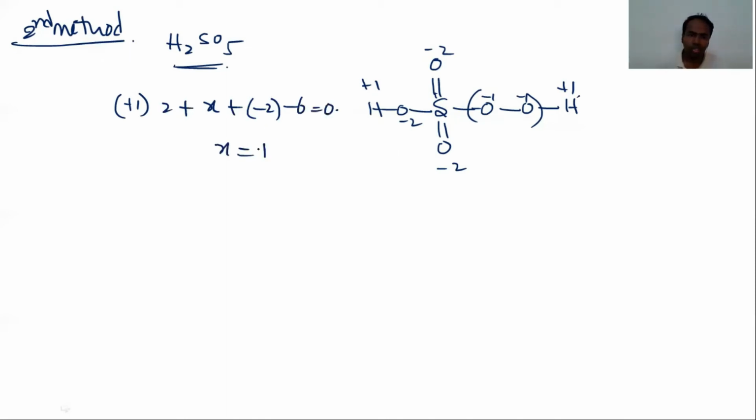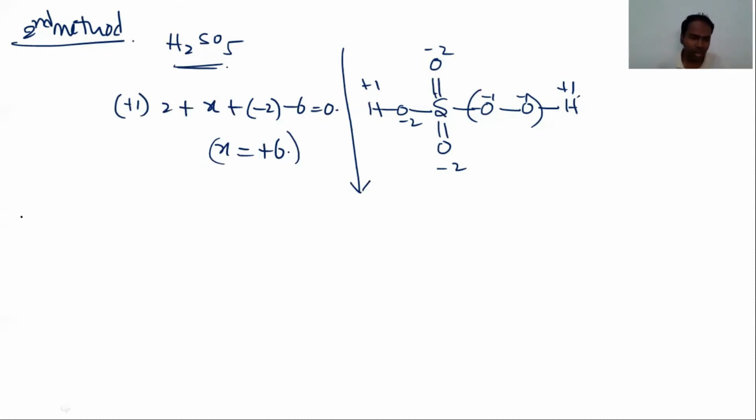Then X is equal to +6. Directly you can find it. So this is the second method through structure, which is very easy compared to the previous method. Sometimes they will ask how many peroxy bonds are there in H2SO5, Caro's acid: one peroxy bond.